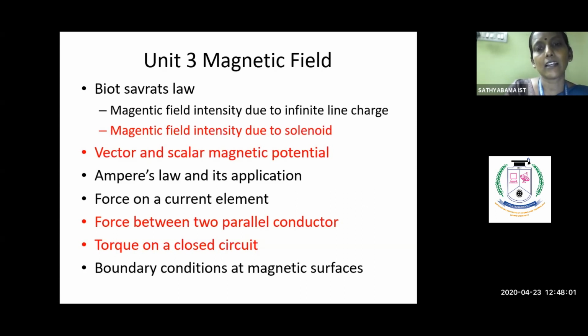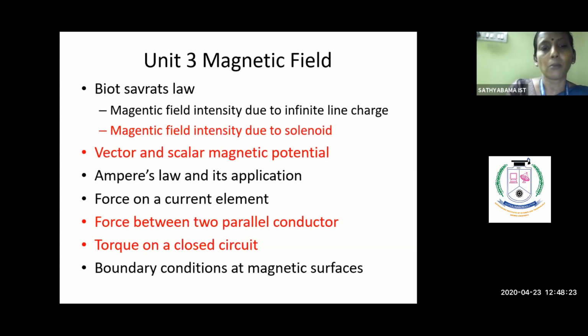Vector and scalar magnetic potential may be asked for 6 marks in Part B. Apart from this, we have Ampere's law and its application, force on a current element, and force between two parallel conductors. Whatever I marked in red is important, that is force between two parallel conductors, and torque on a closed circuit is also important.